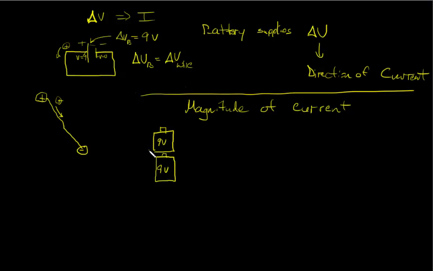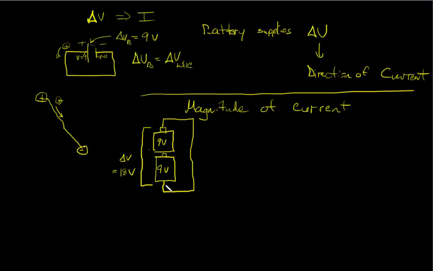The potential difference across this one is 9 volts, and across this one is 9 volts. If I connected it with a wire, I would short it out and start a fire and probably blow up the batteries, but we're just talking in theory. Now if I measured the potential difference across the wire, that would be 18 volts.